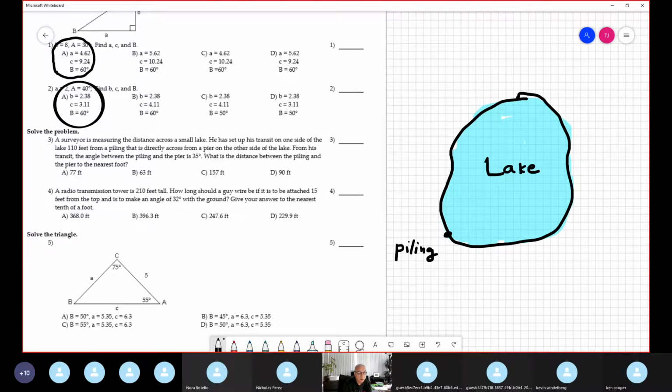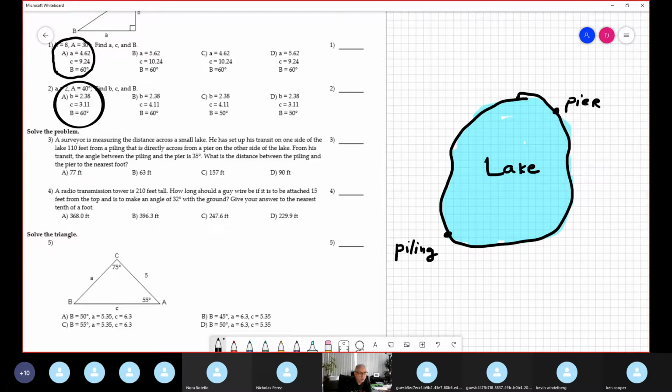Directly across from it is the pier, another hypothetical point. Not necessarily is your sketch similar to my sketch. From his transit, the angle between the piling and the pier is 35 degrees.